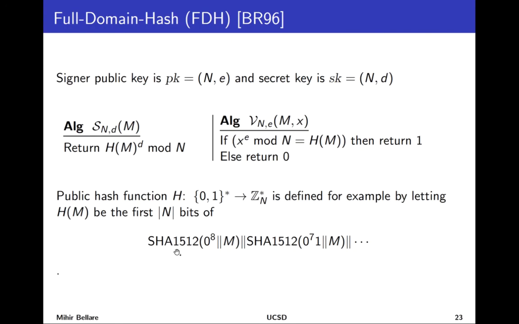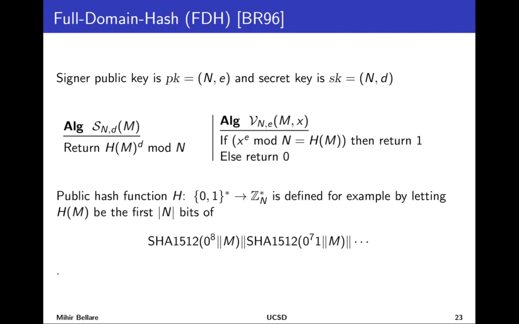You take a good SHA function like SHA-512 and you apply it to the message. That'll give you back 512 bits. If you want more bits, you use this kind of strategy where you maybe prepend something here, then you change what you prepend and so forth. And this way you get a lot of bits out and you can take out as many as you need, which is the length of the modulus, say 1024.